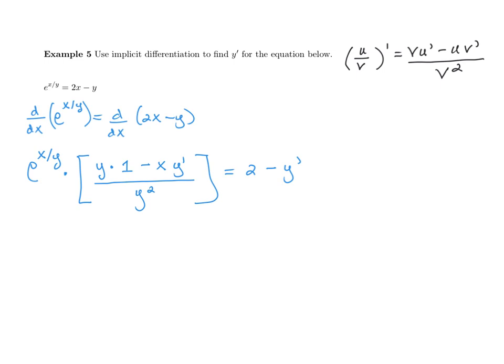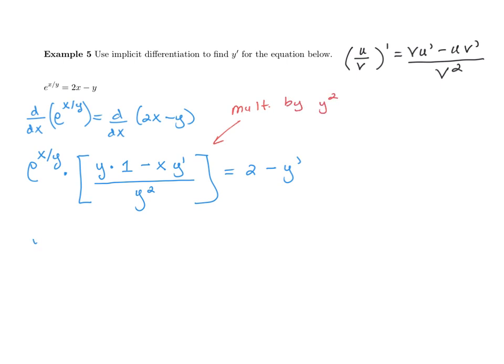I really don't know if there's a great way to simplify this quickly. I think what I'm going to do is multiply y squared to both sides of this equation. So this is one gigantic term. If I multiply this side by y squared, it'll cancel it here and put a y squared in both of these terms. So here, I'm going to multiply by y squared.